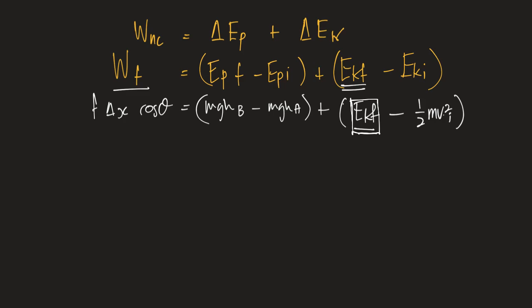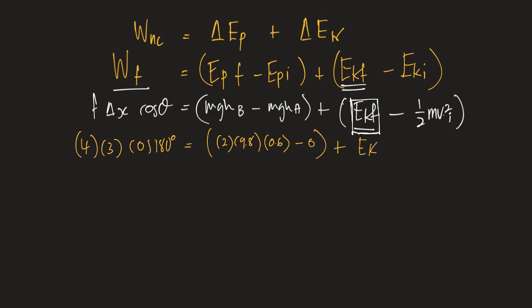So in terms of friction, I know that it was 4 times 3 cos 180 is equal to 2 times 9.8 times 0.6 minus 0 plus EK at point B minus a half times 2 times 5 squared.